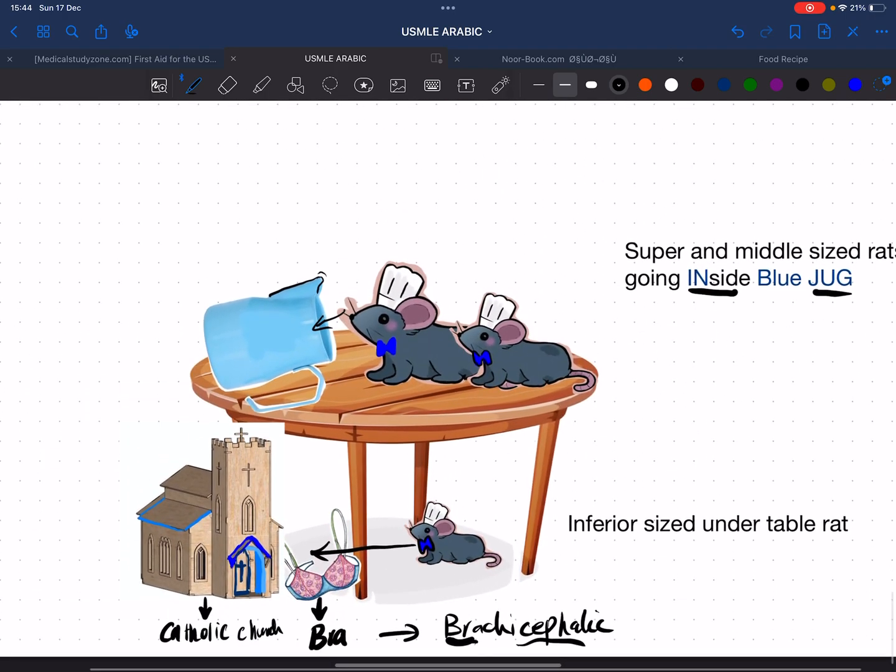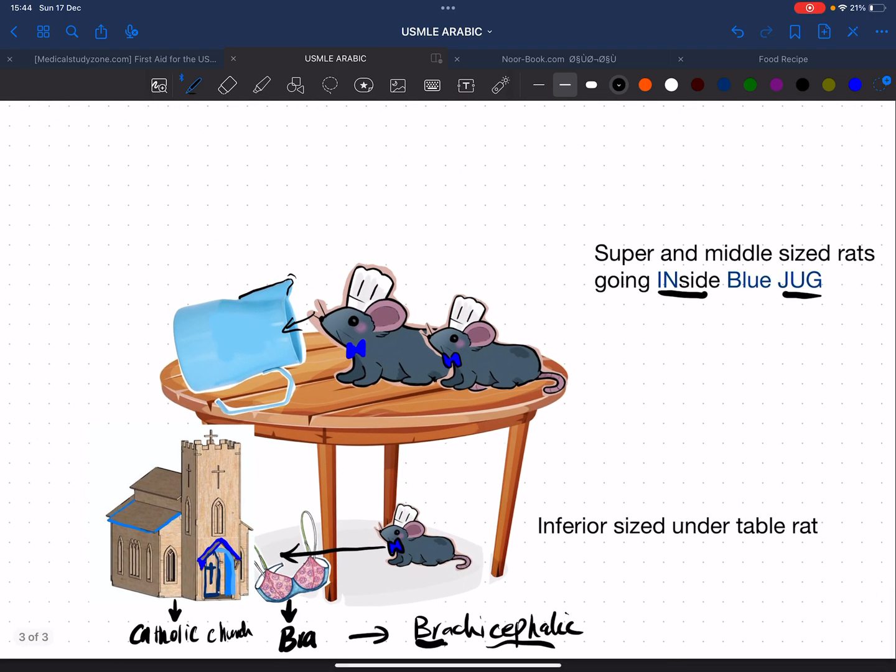Okay, to learn this story easily and quickly, we have three rods. This big and middle-sized rods inform us that we're talking about the superior and middle thyroid vein, and they are wearing a bow tie that is the shape of the thyroid gland, and it's in blue to remind us we're talking about vein.